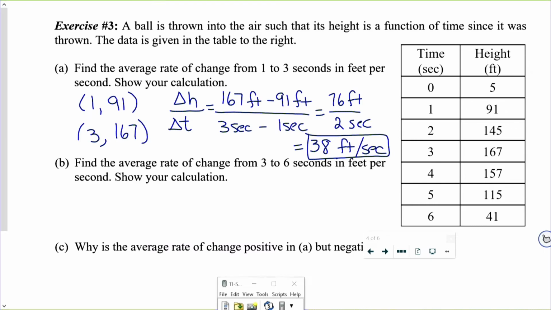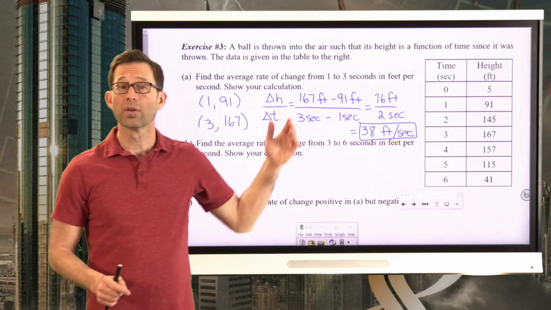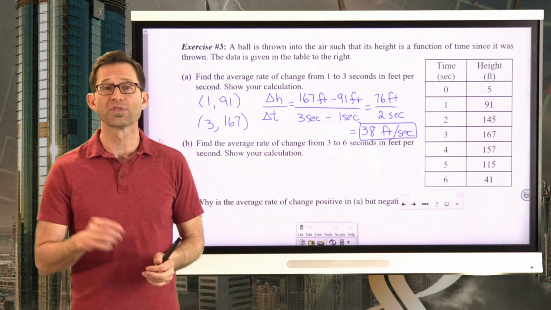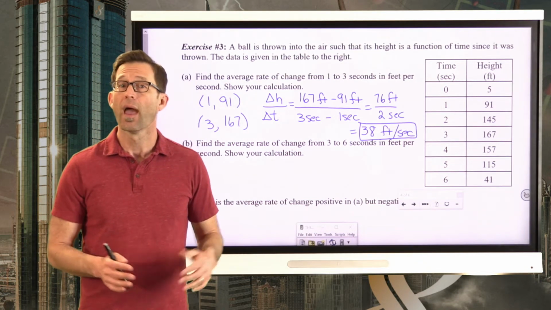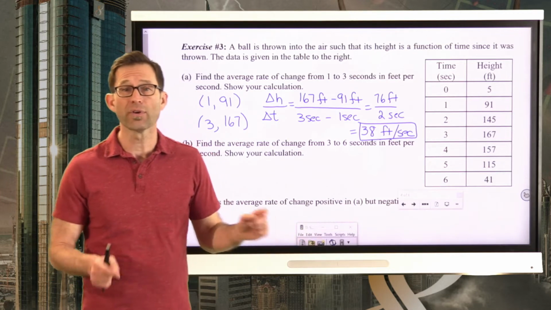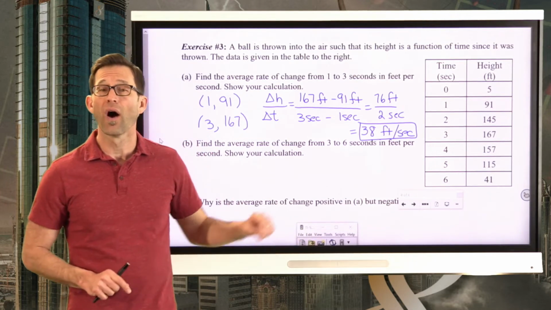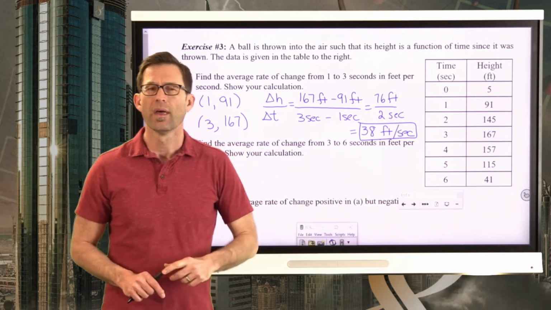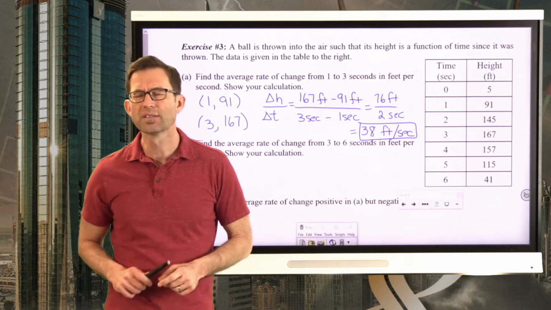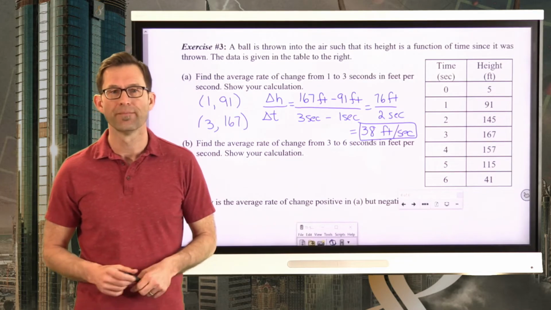All right, simple enough. And again, this should look very similar to how we calculated the slope between 2 points that lie on a line. All we're saying is that for every second that goes by, the height of the ball is increasing by 38 feet.